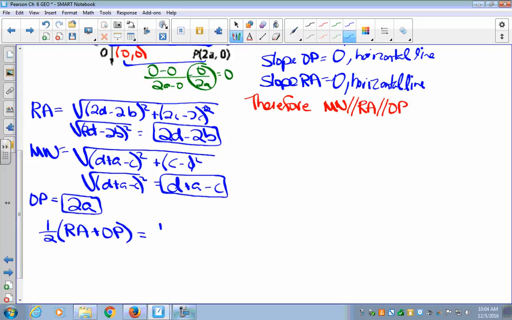So 1/2 times RA, which is 2d minus 2b, plus OP, which is 2a. Then I go ahead and distribute the 1/2 to each of these items.